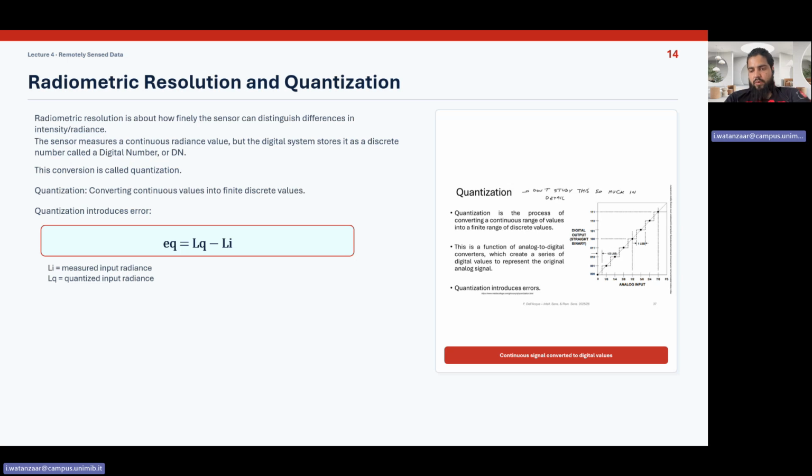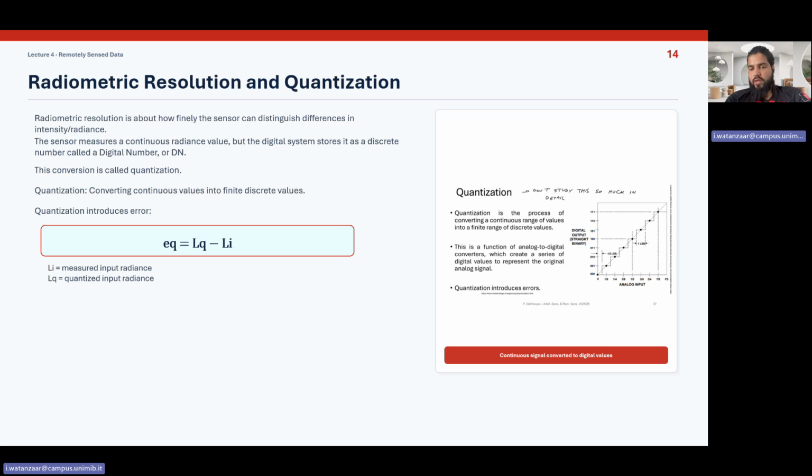The conversion from continuous radiance values into discrete digital numbers is called quantization. Quantization converts continuous values into finite discrete values saved in the system, and it introduces an error at the same time.